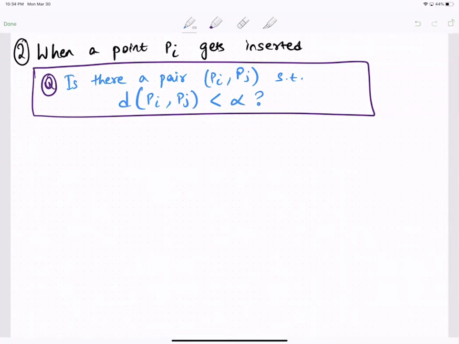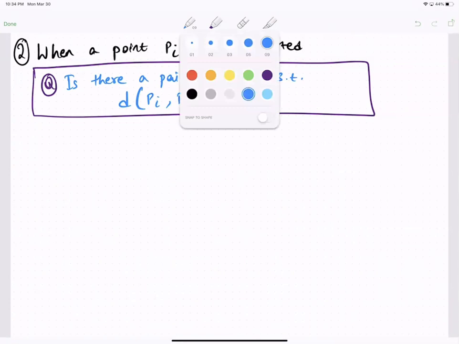It's a very natural question to ask, and turns out this is very easy to do with our grid.